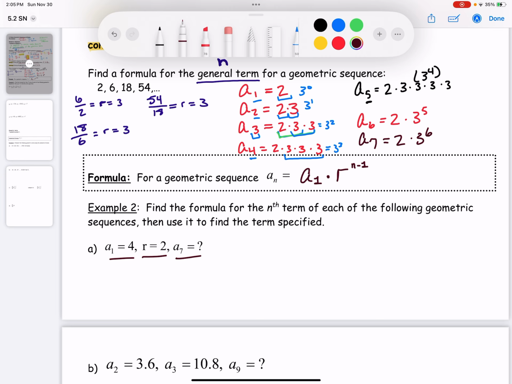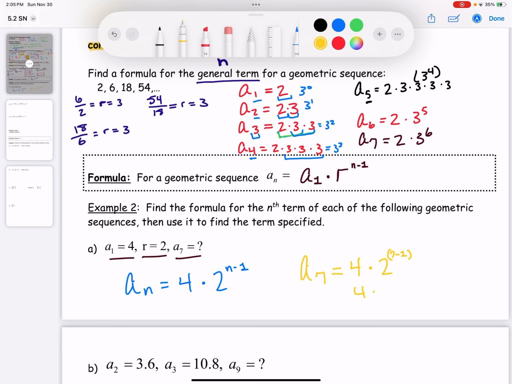So if we take this formula we just found, we could say that An equals 4 times 2 to the n minus 1. And then specifically, if we were looking for our seventh term, we would say A7 equals 4 times 2 to the 7 minus 1 power.